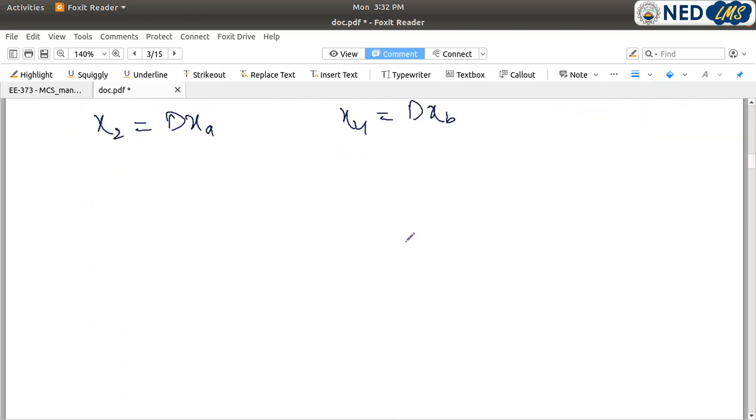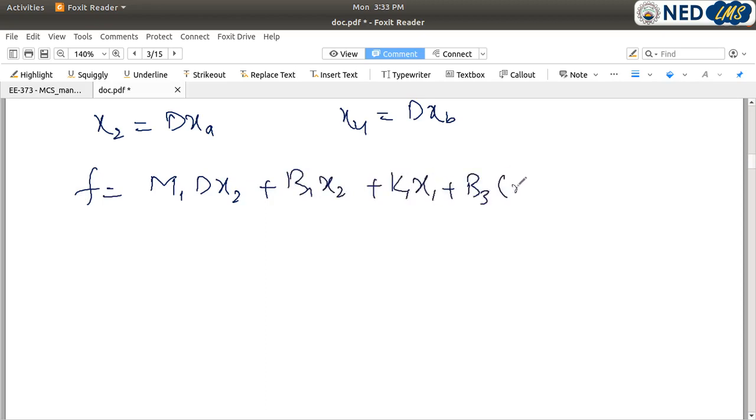The first state equation will be F is equal to m1 D x2 plus b1 x2 plus k1 x1 plus b3 (x2 minus x4).